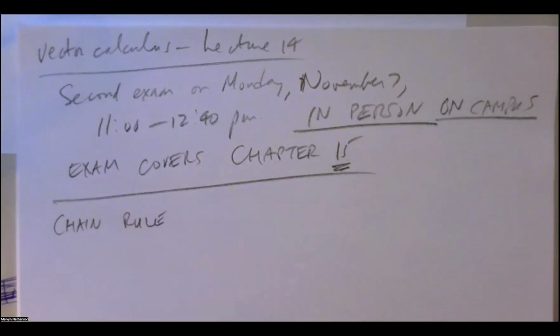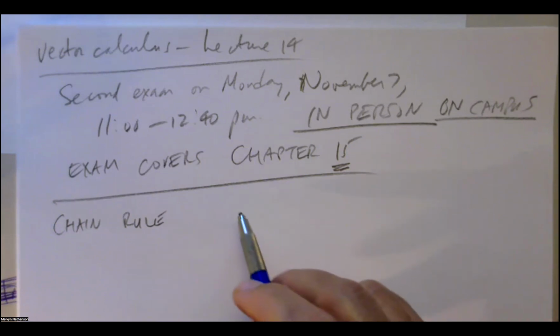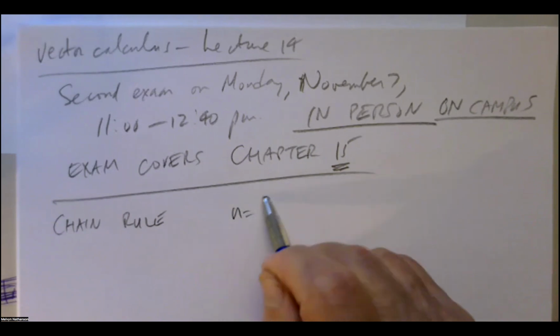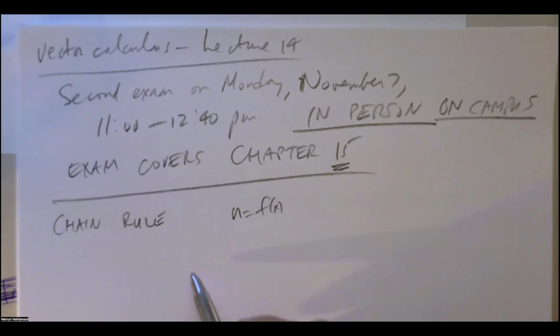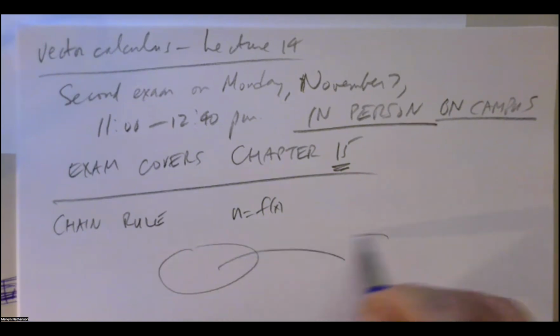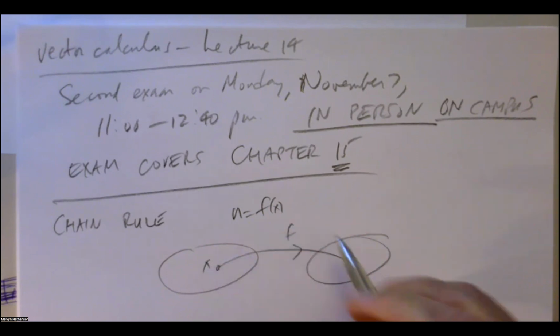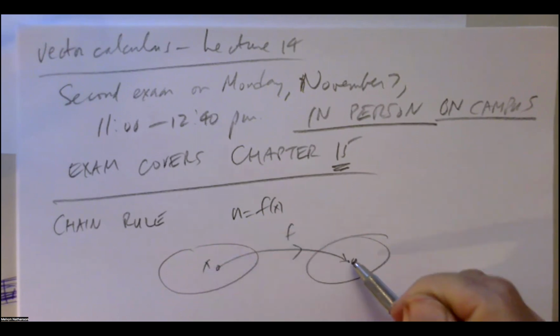So the chain rule in Calc 1 is a fundamental way to differentiate a composite function. So you have, let me try and draw it like this, some function, let's say u is a function of x. Here we have our function f, and it sends a number x to some number u.